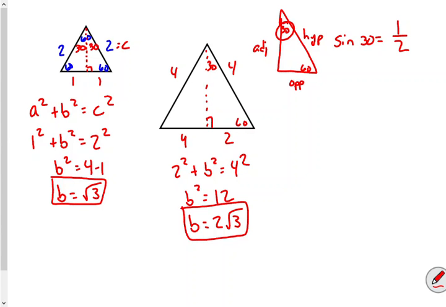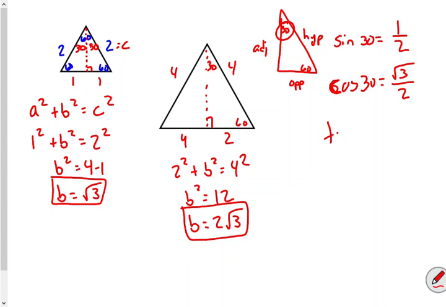If I look at the cosine of 30, which is the adjacent over the hypotenuse, I get 2, or sorry, let's go back. If I'm looking at this one, it's just the square root of 3 over the hypotenuse, which is 2.